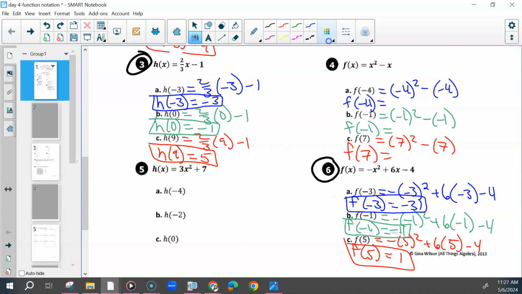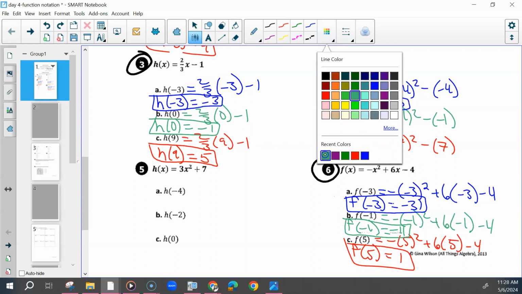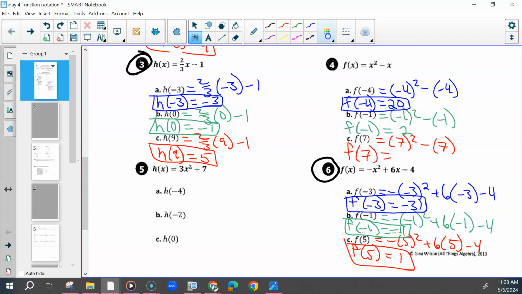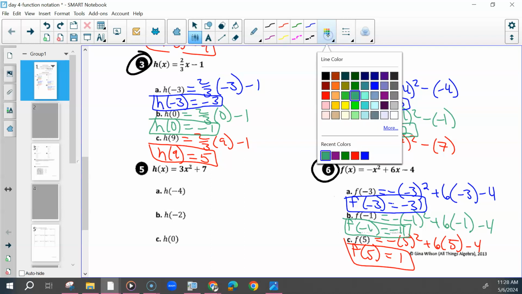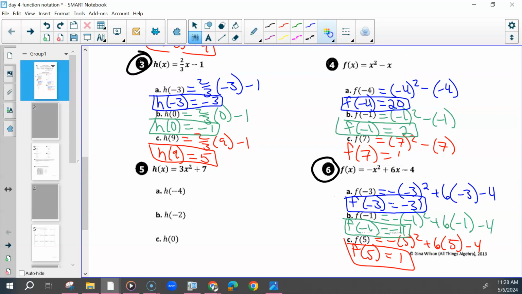What would f of negative 4 be? F of negative 1, 2. And then f of 7. Questions on any of those?